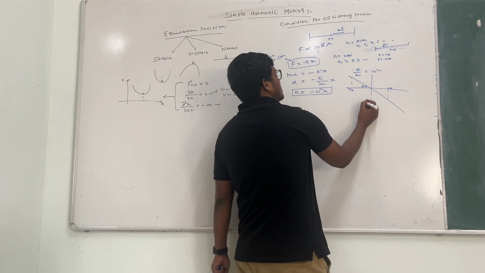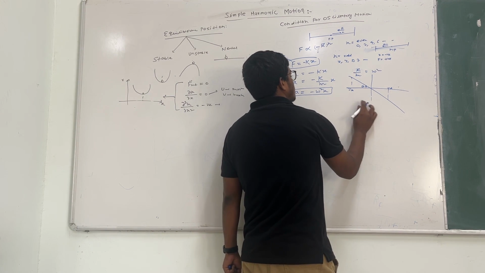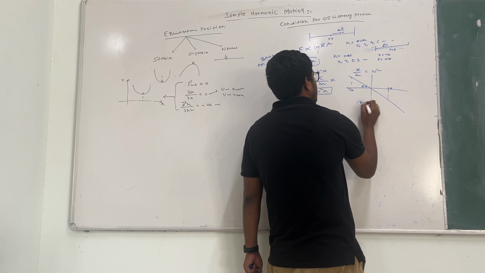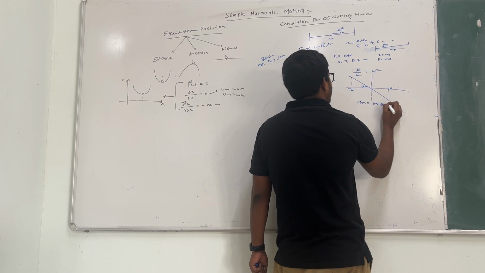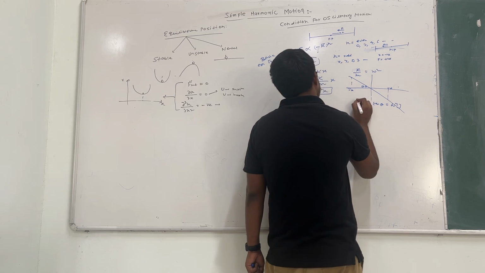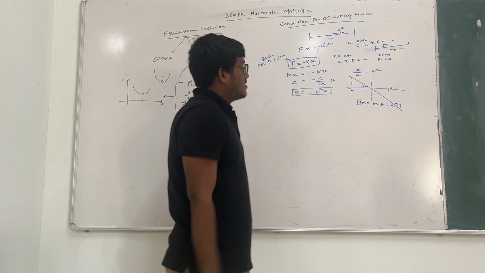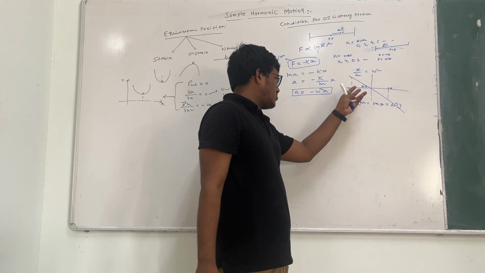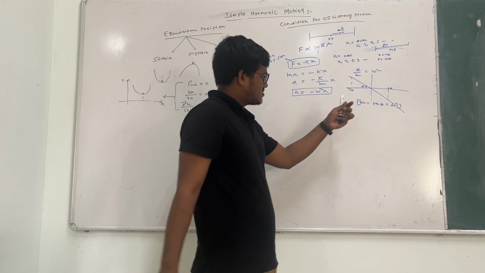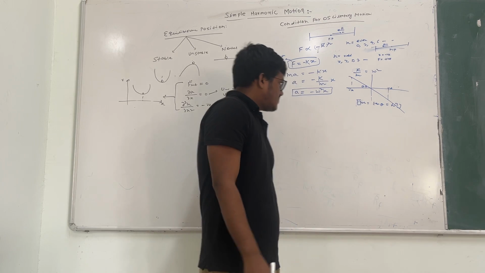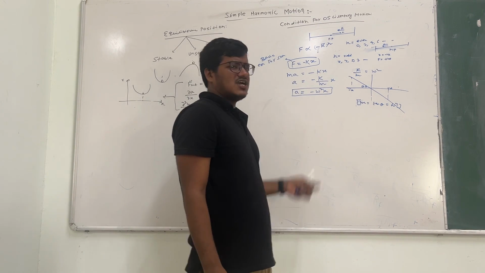So if we calculate the slope, this is nothing but tan theta, and it is equal to omega square. That is the most important thing. This kind of graph you can get. Suppose you are given this kind of graph and asked for the slope, you have to solve using distance. This is a basic straight line equation.